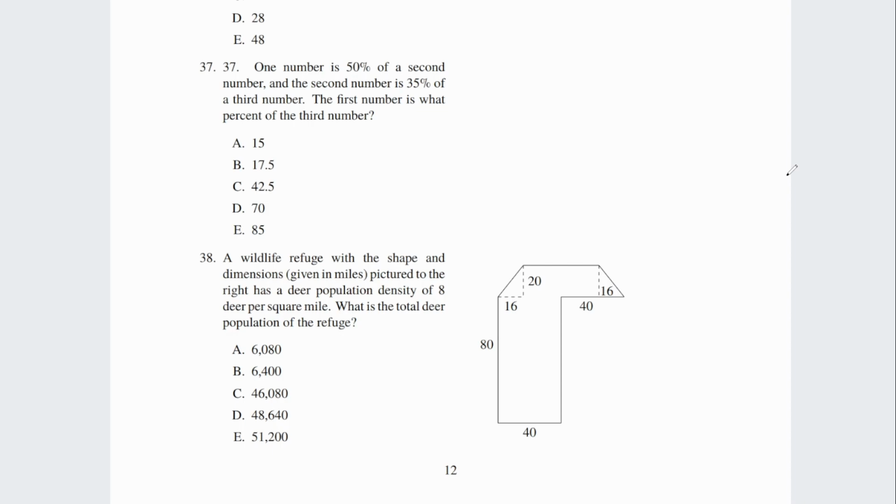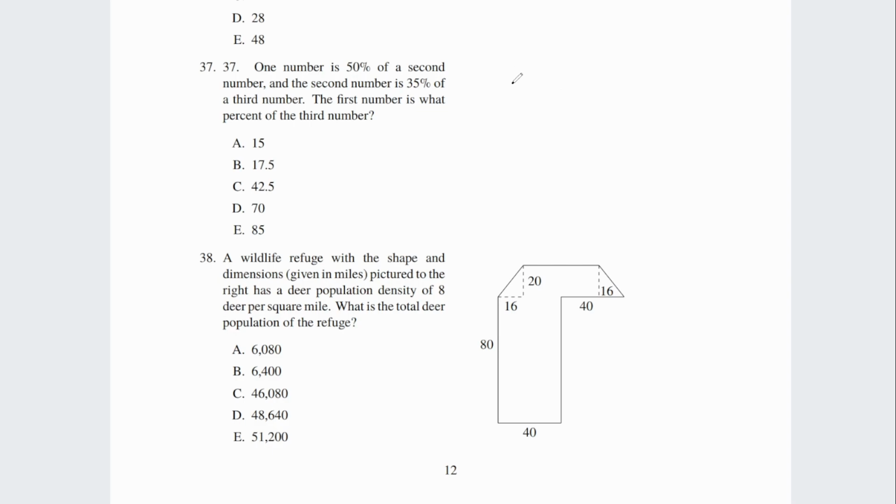One number is 50% of a second number, and the second number is 35% of a third number. The first number is what percent of the third number? So the way that you solve this is very simple.